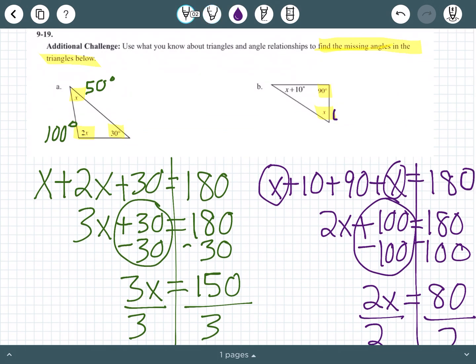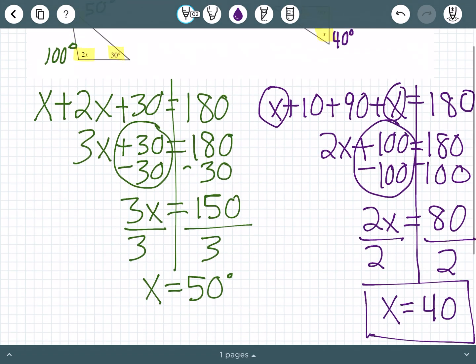So this angle will be 40 degrees. Now we have one more angle left to solve for, and it's x plus 10. Well, let's plug in 40 for x. 40 plus 10 would give me 50 degrees.